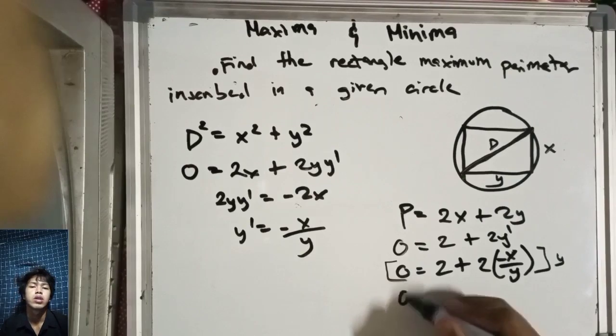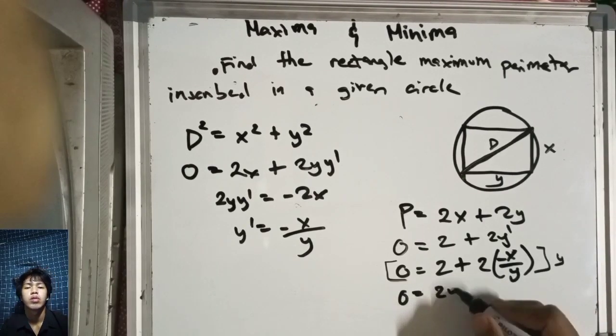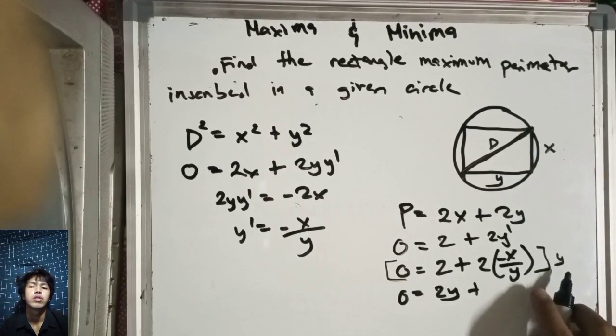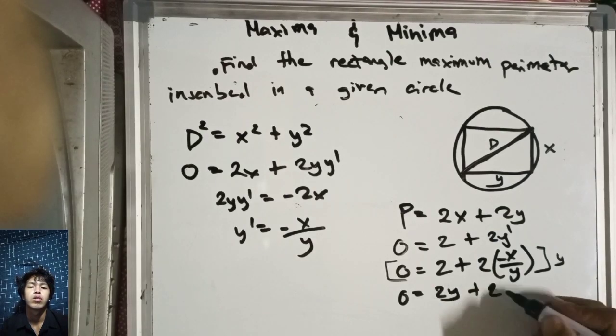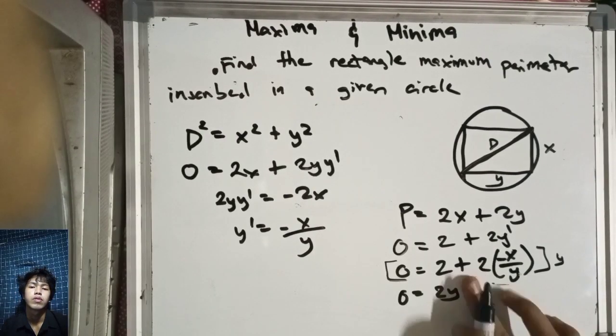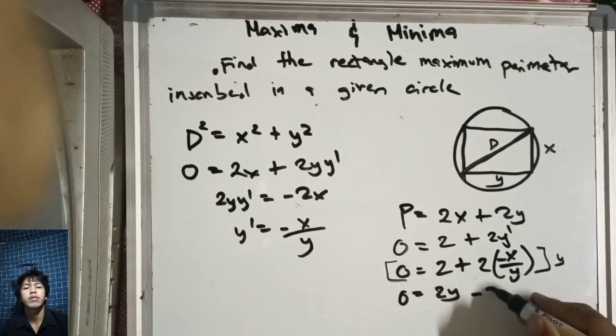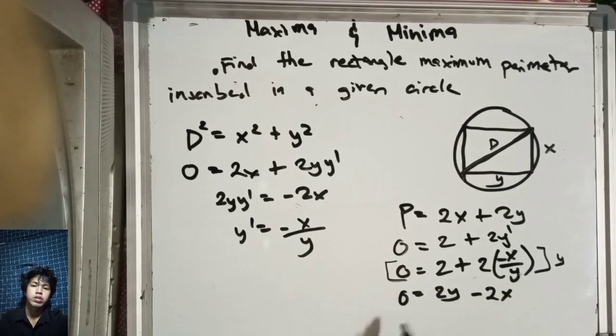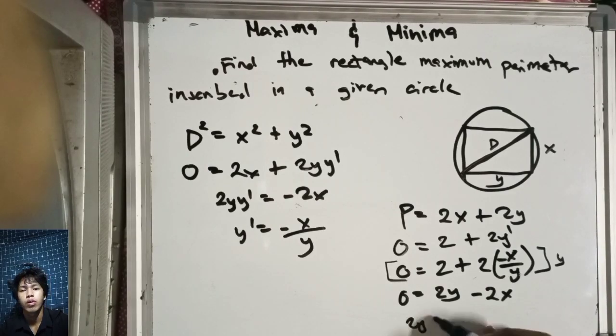So y times 0 is 0, y times 2 is 2y, plus y times negative 2x over y is negative 2x. We transpose this to the other side and get 2y equals 2x.